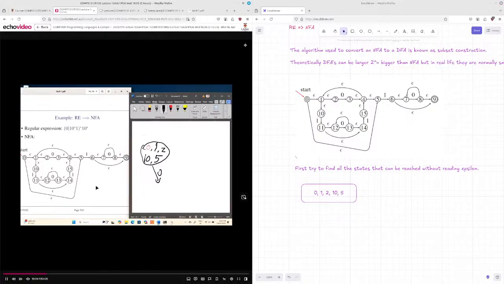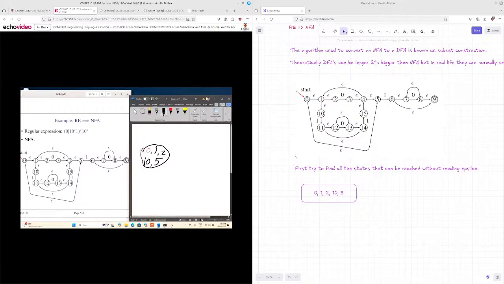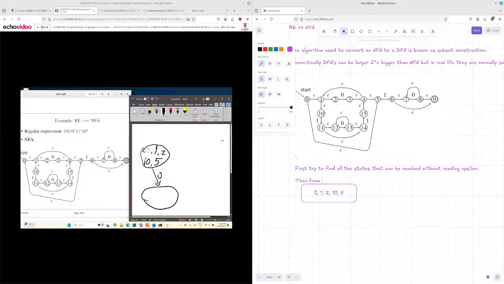We build the states one by one. Then we say, okay, just to make sure we haven't lost anything: 0, 1, 2, 3, 10, and 5. And then we say, if the next input is 0, and the NFA is in this state, what will be all the states we can reach?